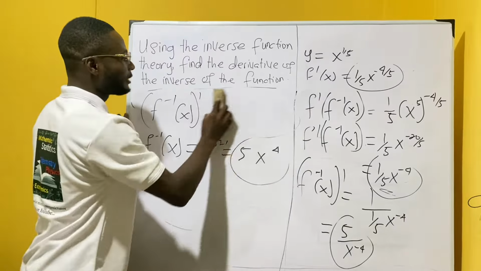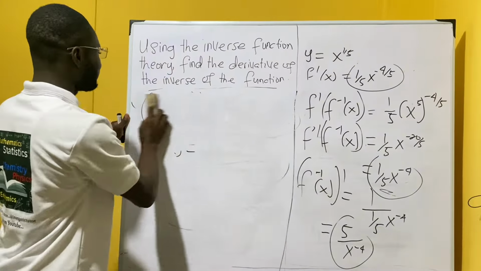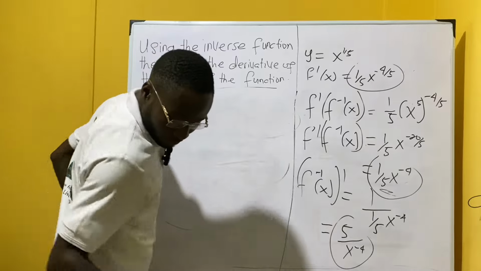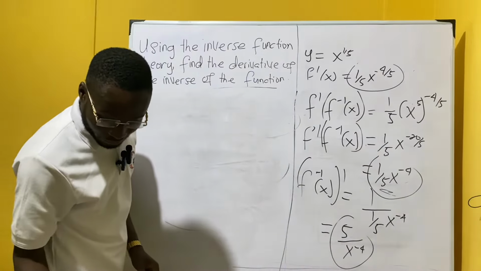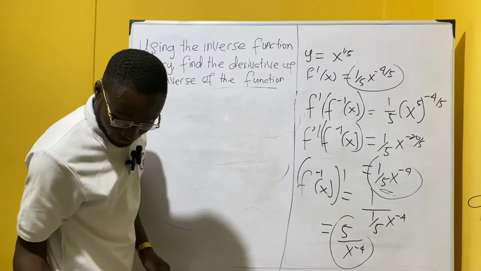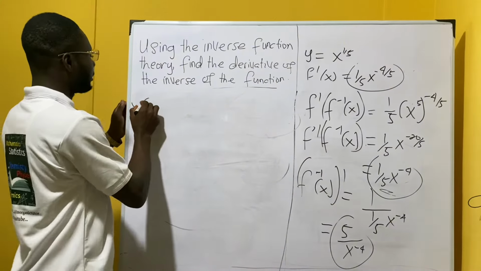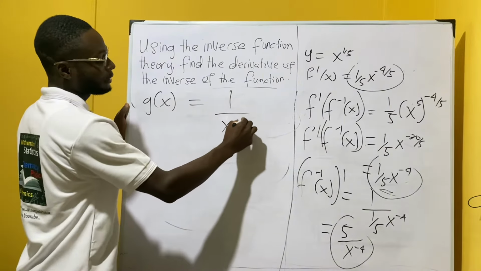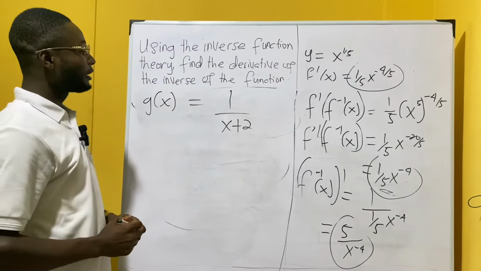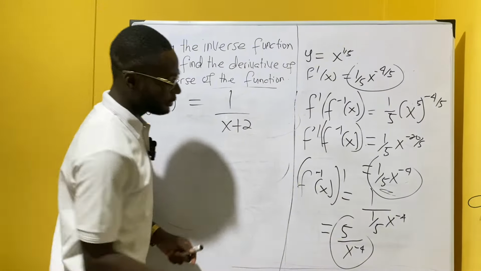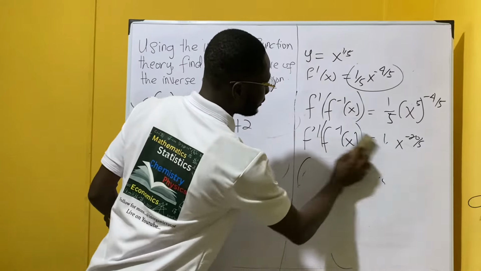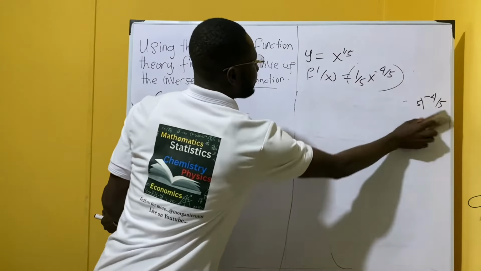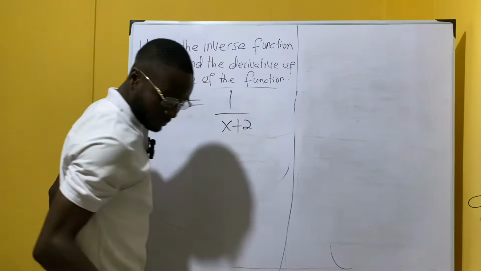So let's check on the next problem. Very quick one. g of x is equal to 1 over x plus 2, right? So let's erase these parts first, right?